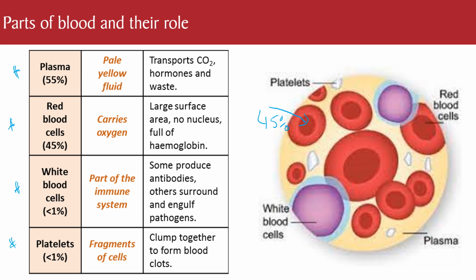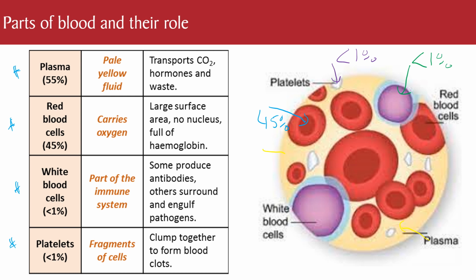Then you've got white blood cells, which have a huge nucleus in them, but there's not very many of them, so it's less than 1% of blood. We've then got platelets that are small little fragments of cells, so they're tiny, and again, there's less than 1%. And then the yellow liquid is plasma, which is the liquid that carries everything around.